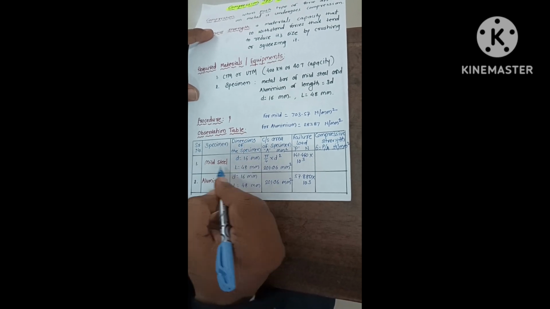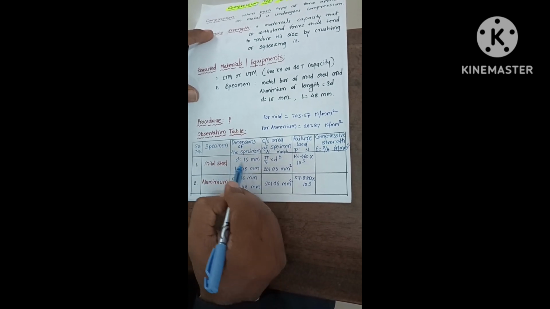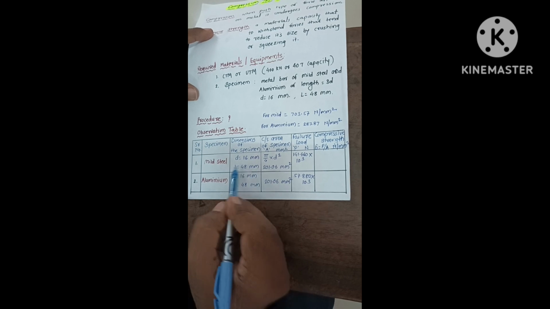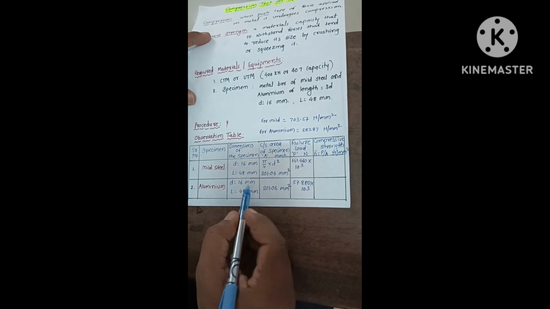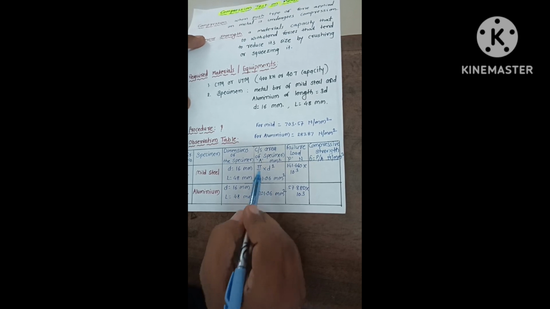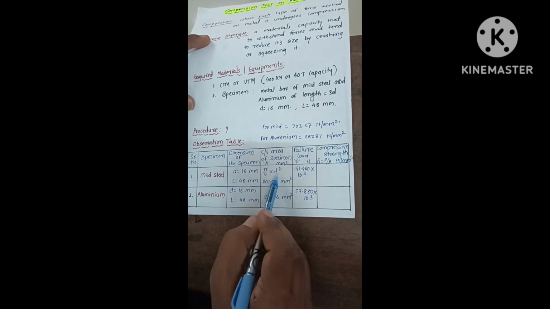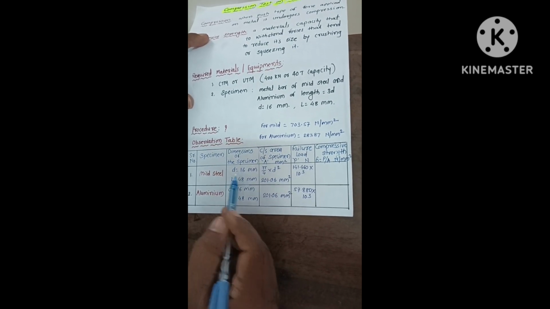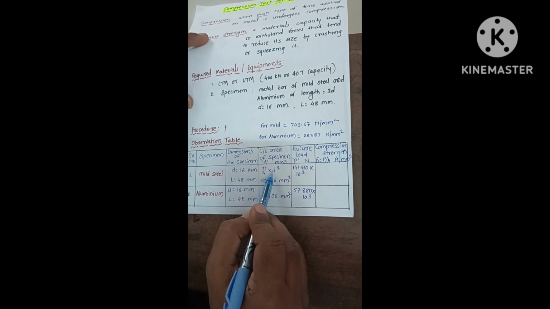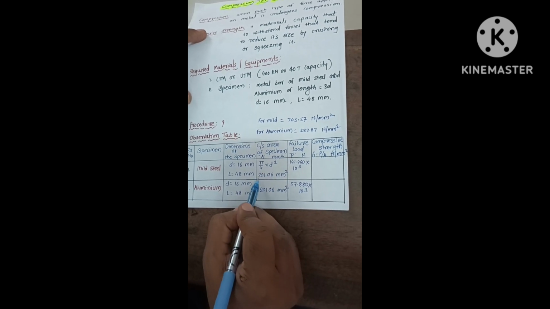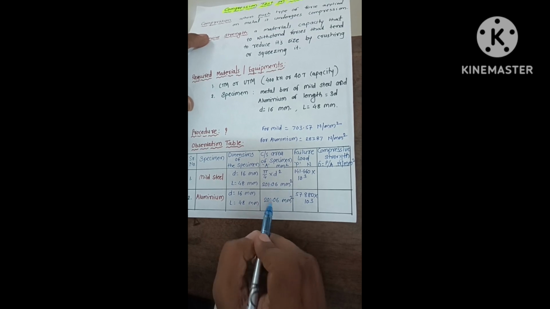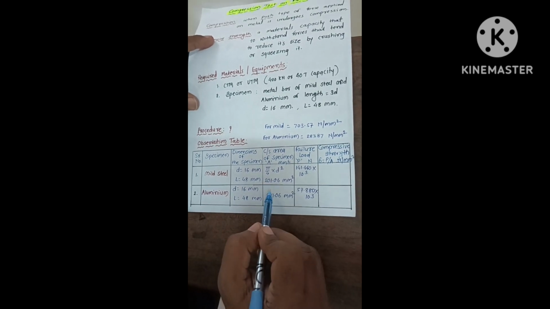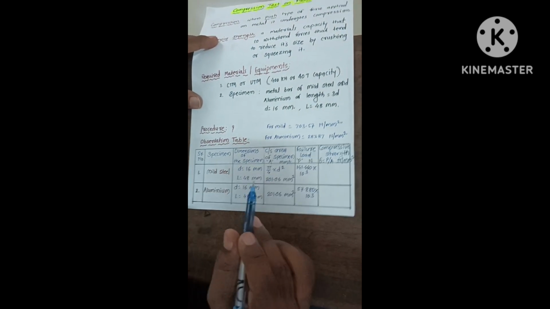Dimensions are the same for mild steel and aluminium, having diameter 16 mm, 16 mm, length 48 mm, 48 mm, and by using the area formula pi by 4 into d square, where d is 16 mm, means pi by 4 into 16 square, we will get 201.06 mm square. Area is the same for mild steel and aluminium as the diameter is the same.